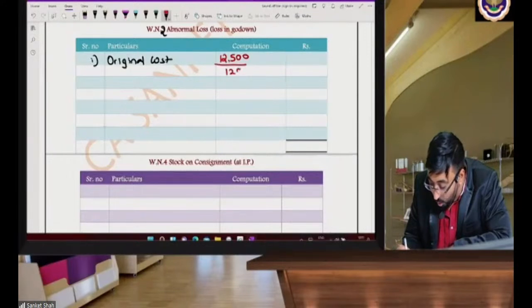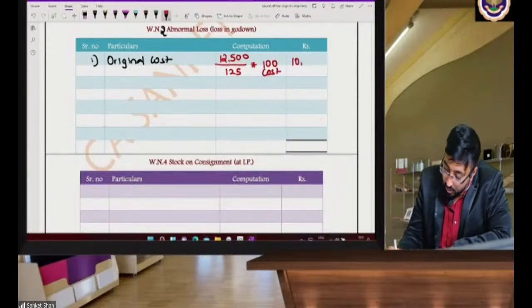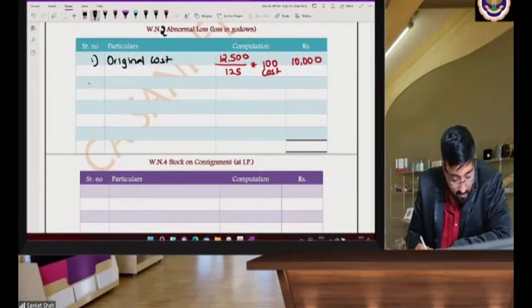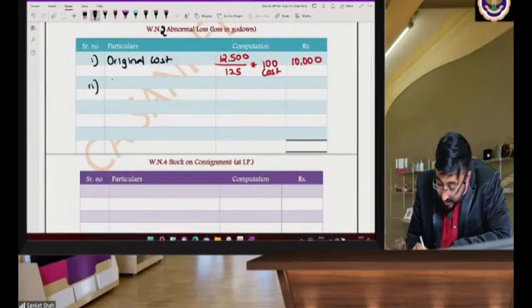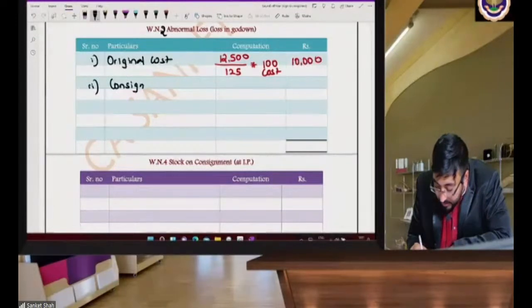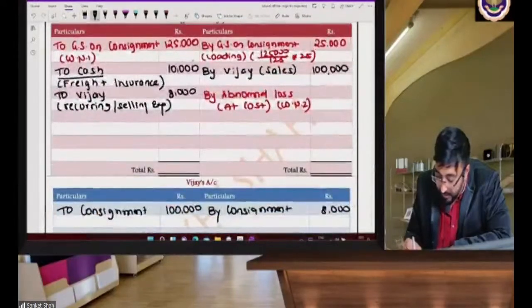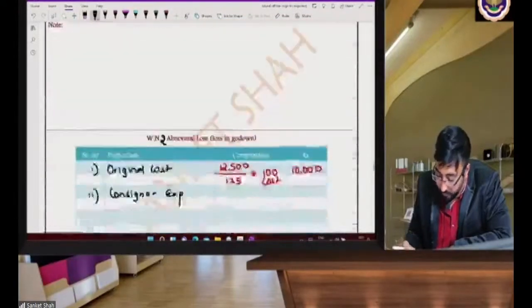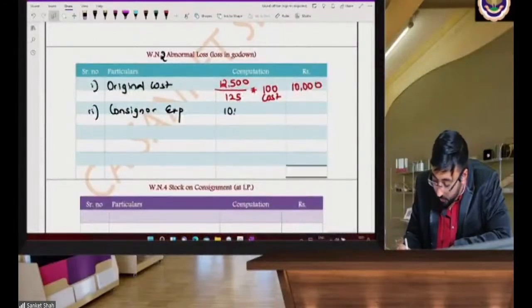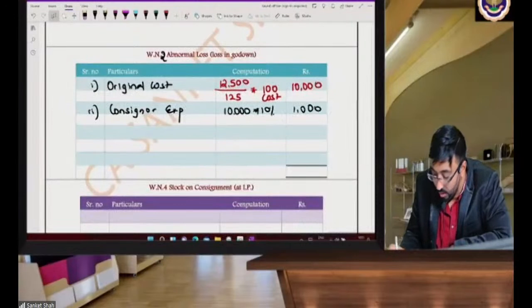It's at invoice price, so divide by 125 and cost is 100. So this is 10,000 original cost. And consignor expense is 10,000. Out of this, 10% is destroyed. So 1,000.